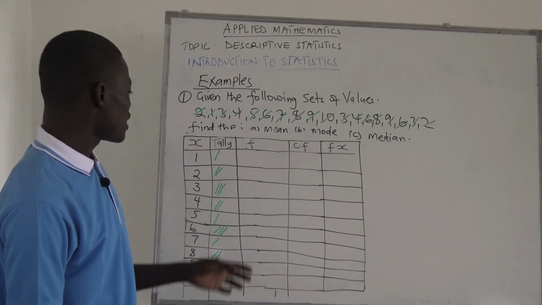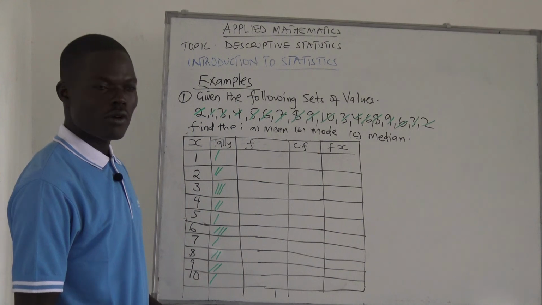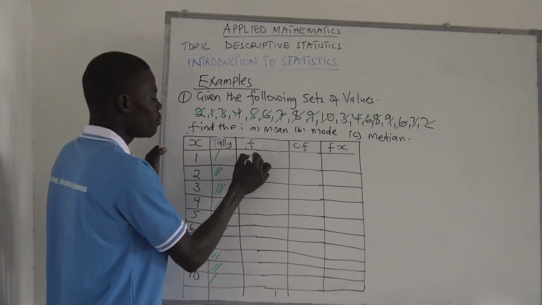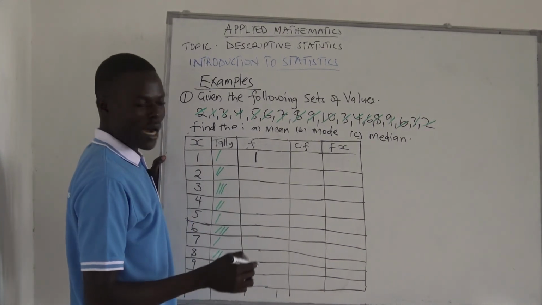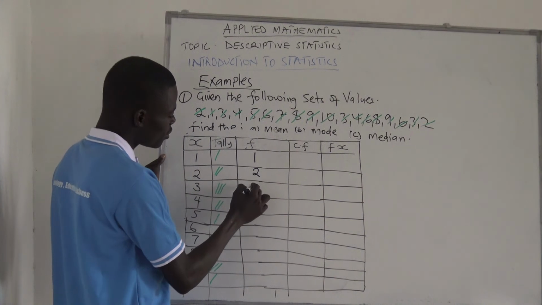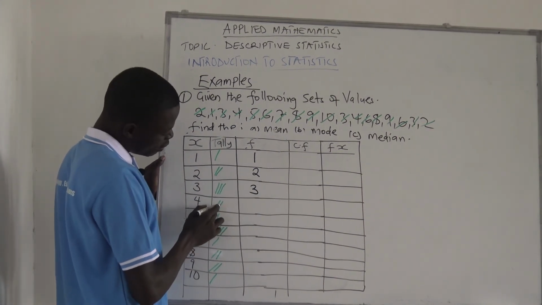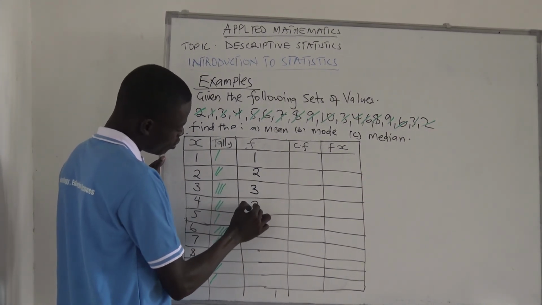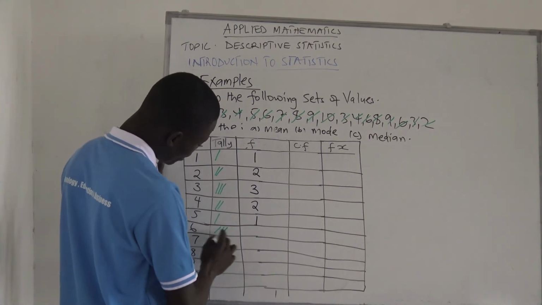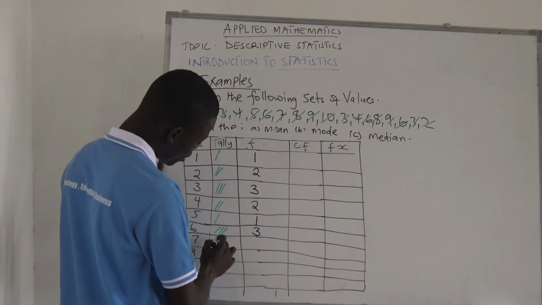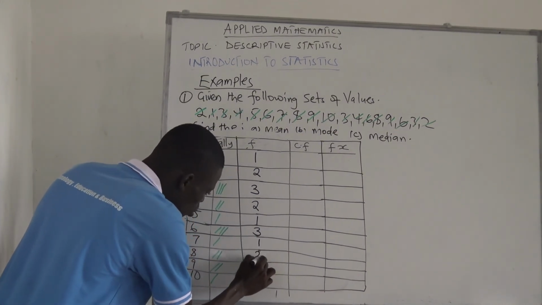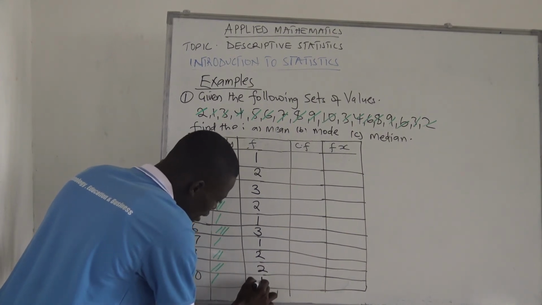We say the frequency is got by counting the number of sticks which we have. Here we have 1, implying the value is appearing 1 time; 2, implying it is appearing 2 times; 3, it is 3 times; this one is 4, which is appearing 2 times; then this one is 1, appearing 1 time; this one is 3, which is 3 times; this one is 1, this one is 2, this one is 2, and this one is 1.